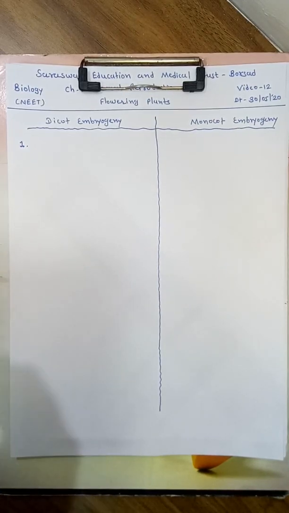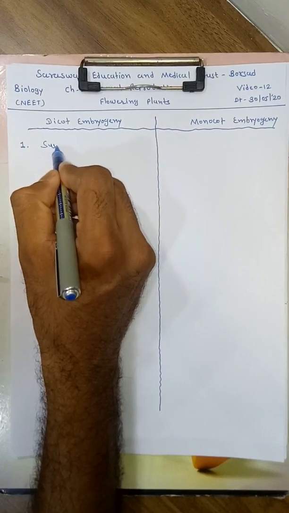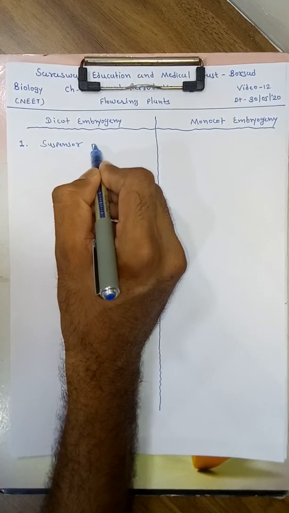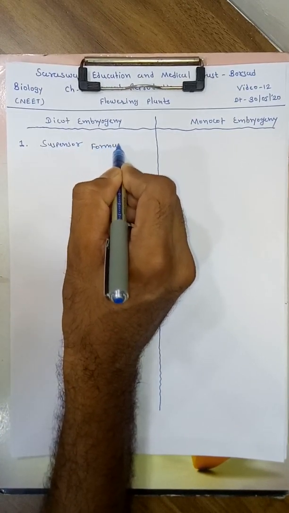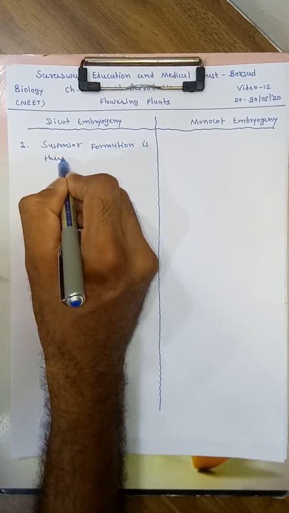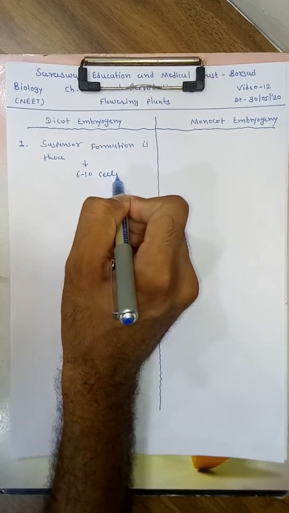So we already discussed that in case of dicot embryogeny there is the formation of suspensor, which includes 6 to 10 cells. Suspensor formation is there, which consists of 6 to 10 cells.